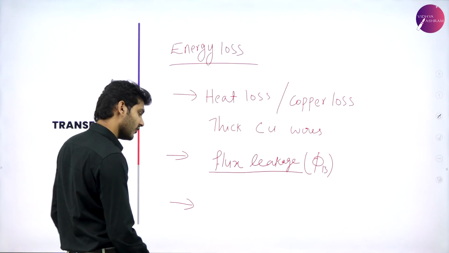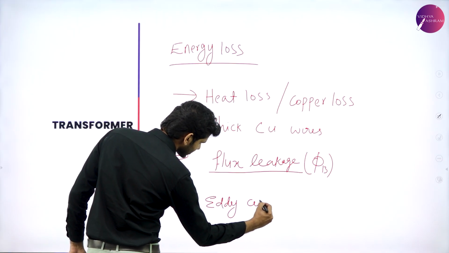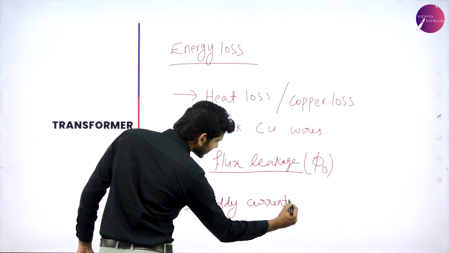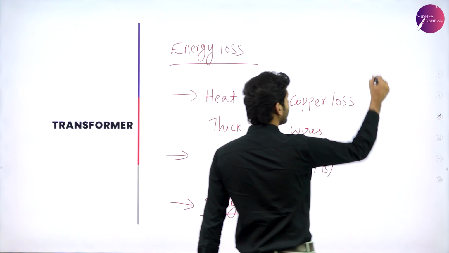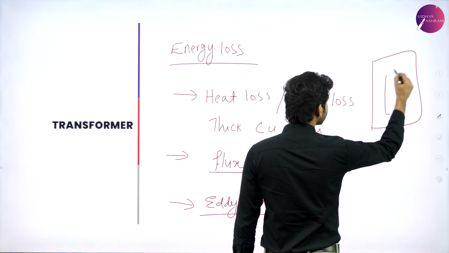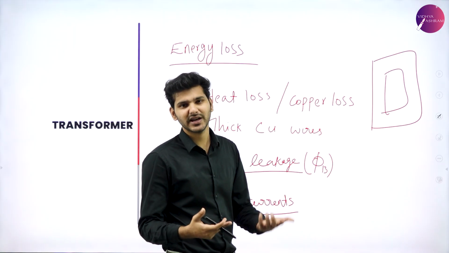And finally, one more is eddy currents. I have already told you what eddy currents are. They are small currents forming on the surface of flat metals when there is a change in magnetic flux.